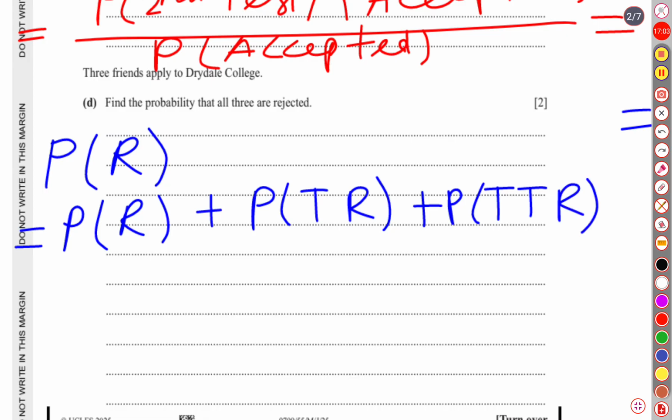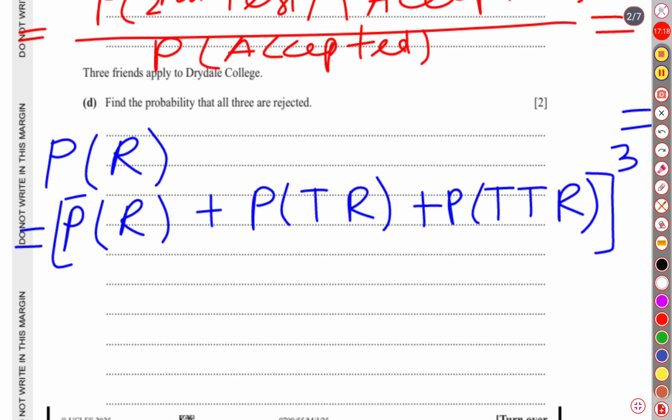This is the probability of being rejected of one student. This is for only one student, but as there are three students, three times it will be just q.